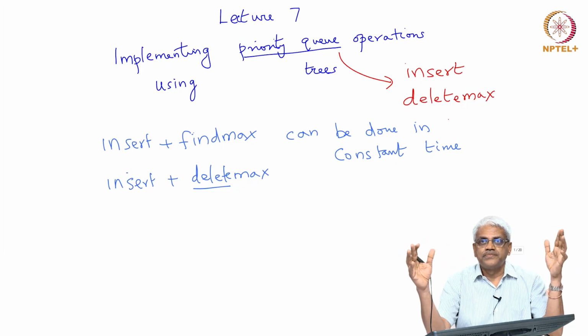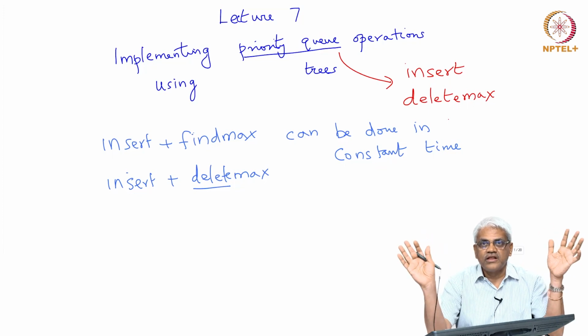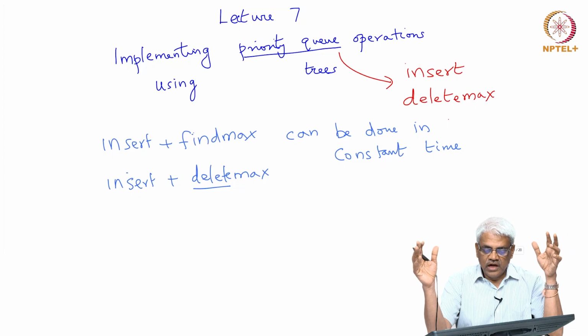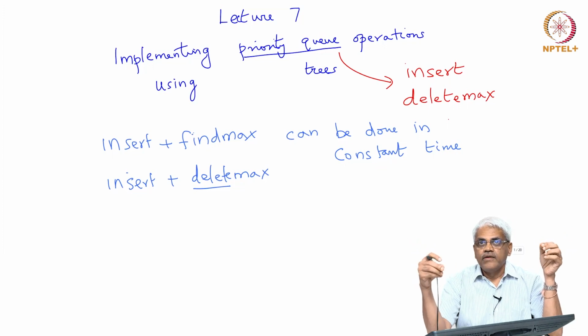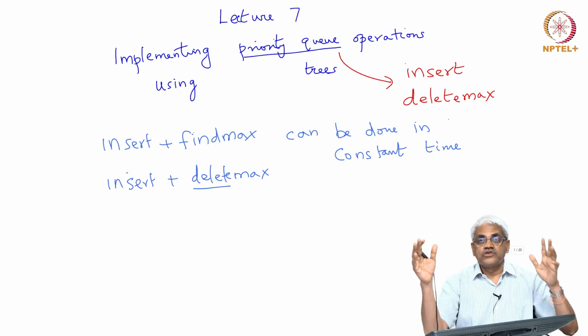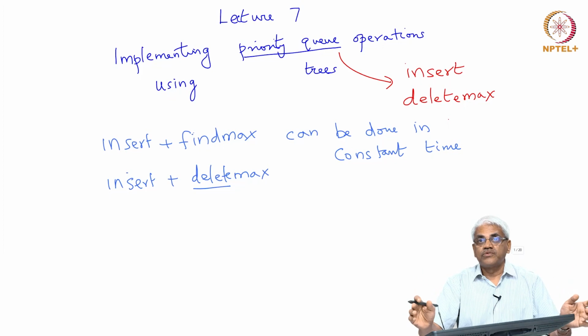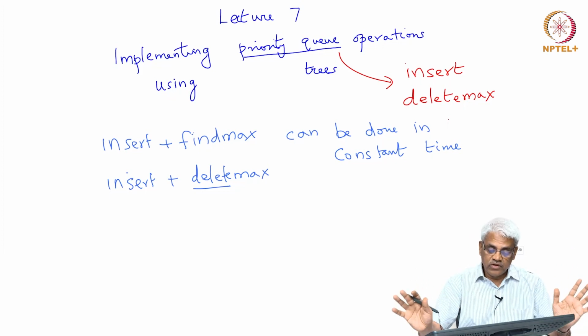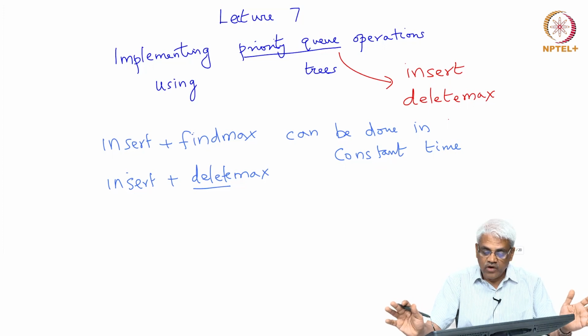Maintaining a sorted array has an insertion problem. Sorted linked list has other problems. You can't even insert, because you need to figure out where to insert, and that requires some indexing and so on. So sorted linked list doesn't work. Sorted array has the problem of moving elements. So all that had problems to achieve logarithmic time.